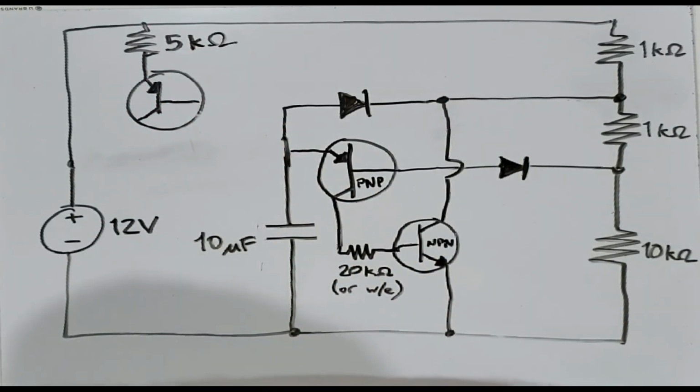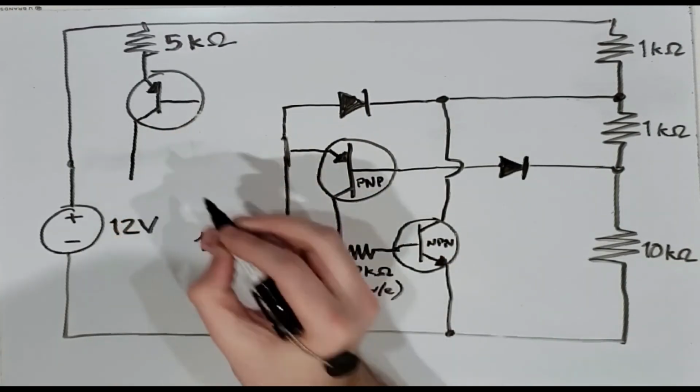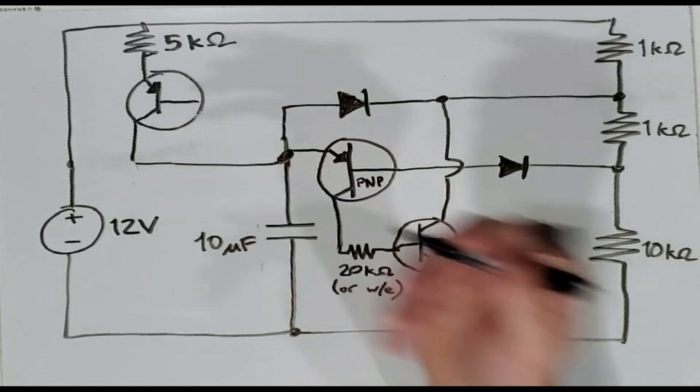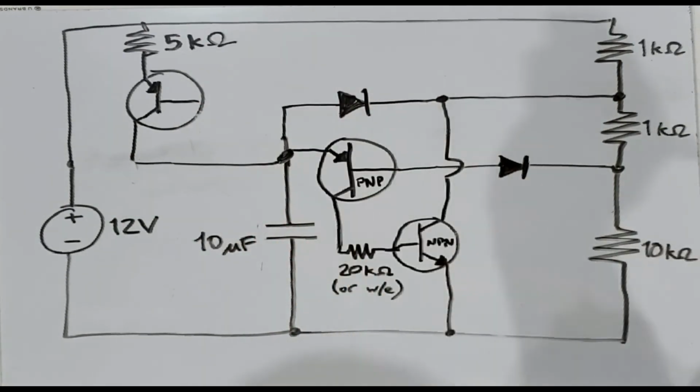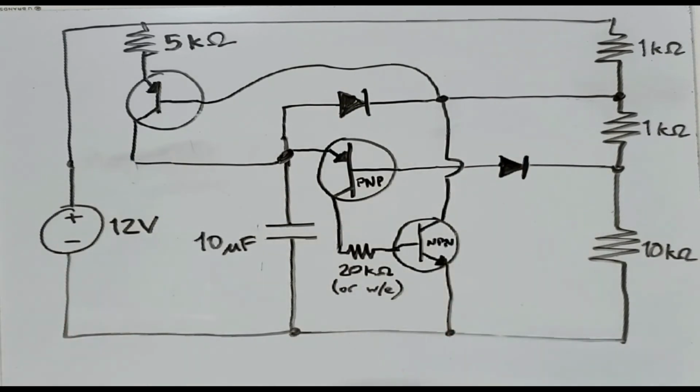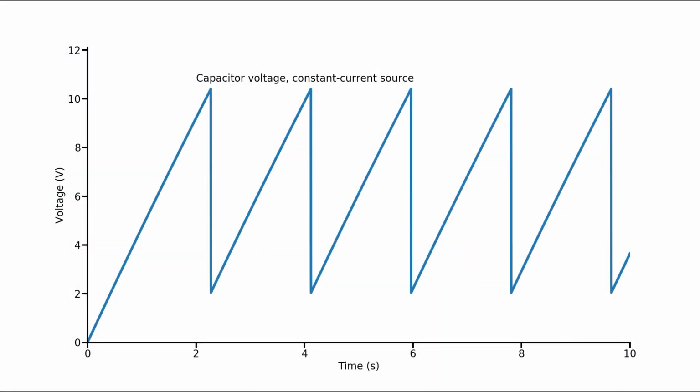We connect the emitter to the 12 volt rail via a 4 or 5 or whatever kilo ohm resistor to get approximately the same frequency we had with the 100 kilo ohm resistor before, but now the capacitor is going to charge at this nice constant rate and give us lovely sawtoothy triangles.